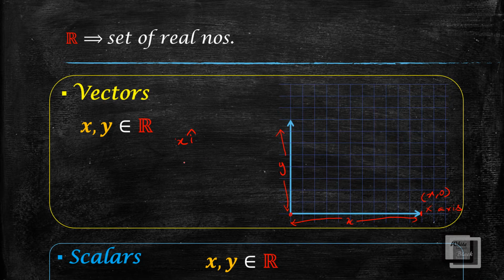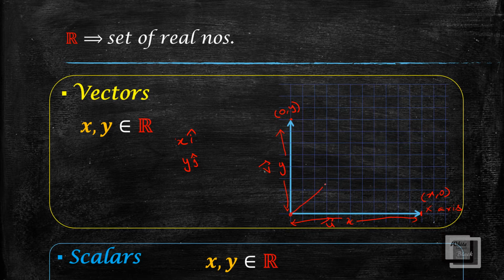I will write this line in the form of a vector which has magnitude y and direction j cap, that is, in the direction of the y-axis. The end point of this vector will be (0, y). If I try to add these two vectors, say this vector u and this vector v, then I will get a new vector.